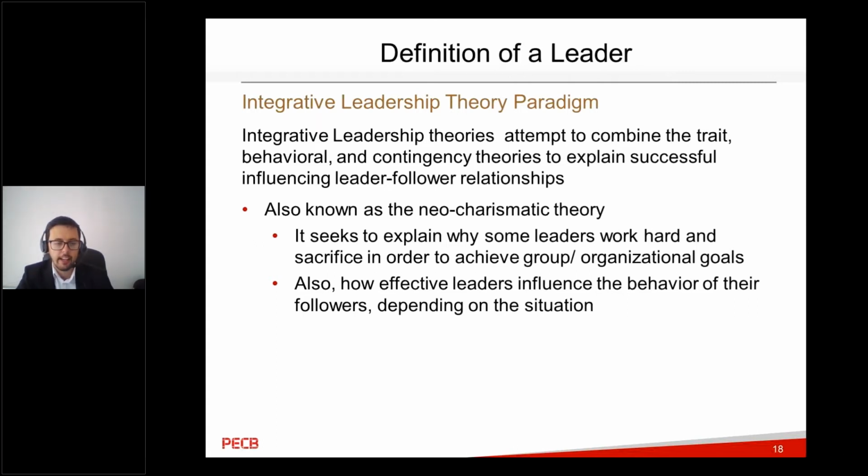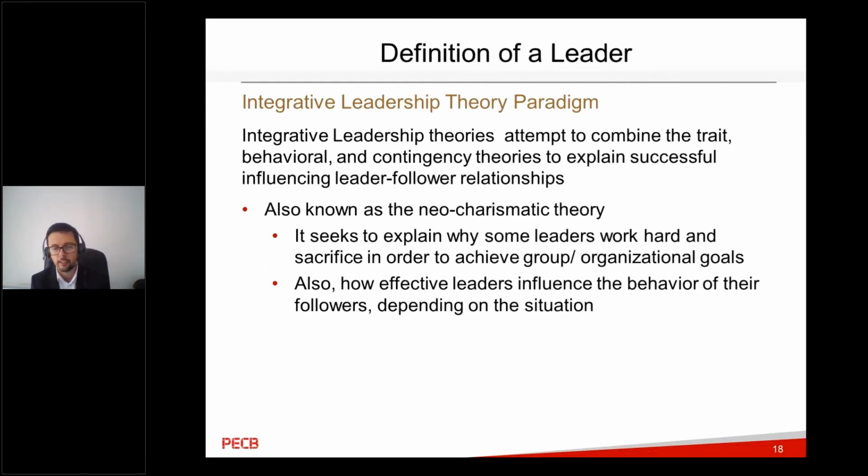And finally, we discuss the integrative leadership theory paradigm. When we talk about this paradigm, we are talking about something that was developed in the late 70s, early 80s. It is a paradigm that seeks to bring together the entire set of concepts that have been discussed previously.